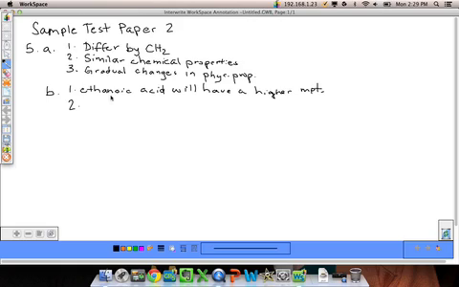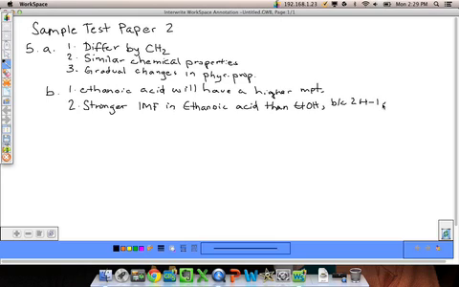And that's due to the higher, stronger intermolecular forces in ethanoic acid than the ethanol, and that's because there are 2 hydrogen bonding locations as opposed to just 1.